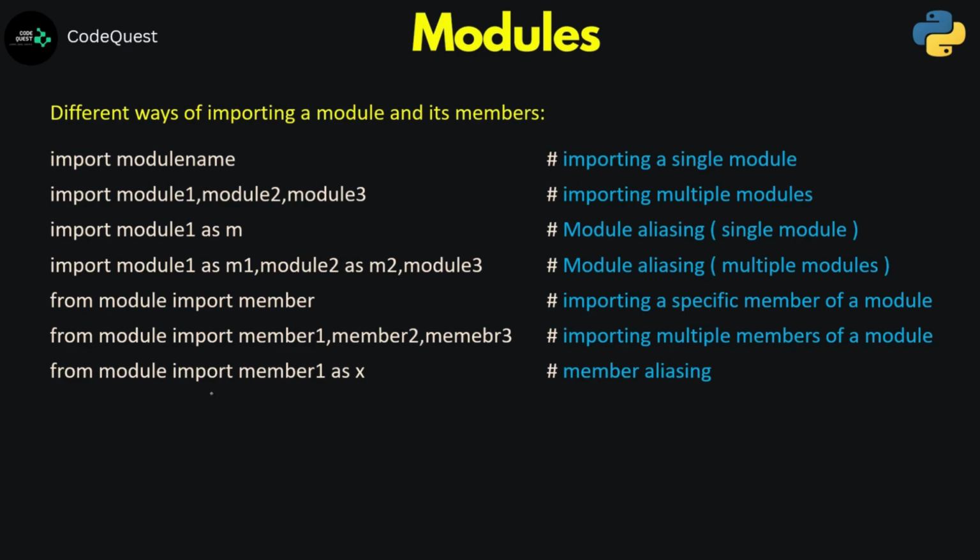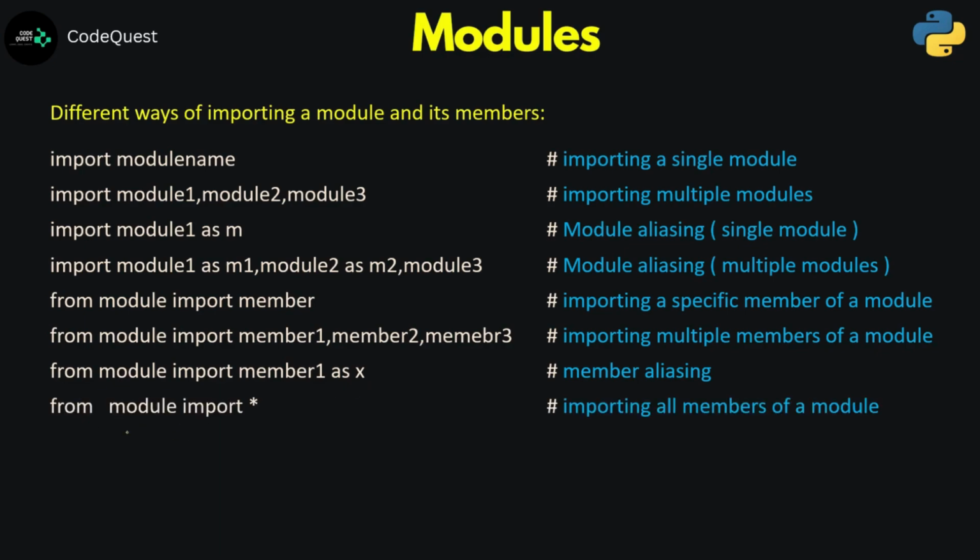So what can I write here? From, say, the module name is code quest, import add as sum. Once I do that, wherever I want to use that function, that is member 1, the add function, I can take the help of this X, or in our case, sum.